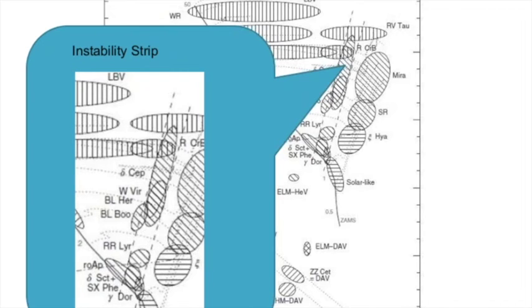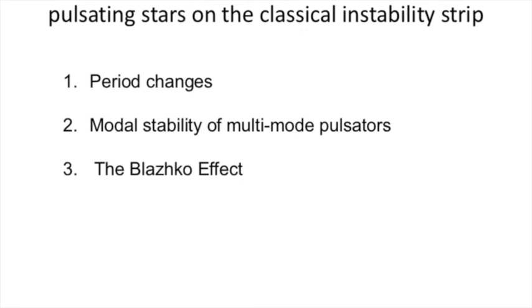And these are the stars I'm going to be mostly talking about for the little bit remaining in the talk. There are three areas of investigation that I'm going to suggest are interesting: period changes, modal stability of multimode pulsators, and the Blazhko effect, which is a long period variation superposed upon the half-day variation of RR Lyrae variable stars.